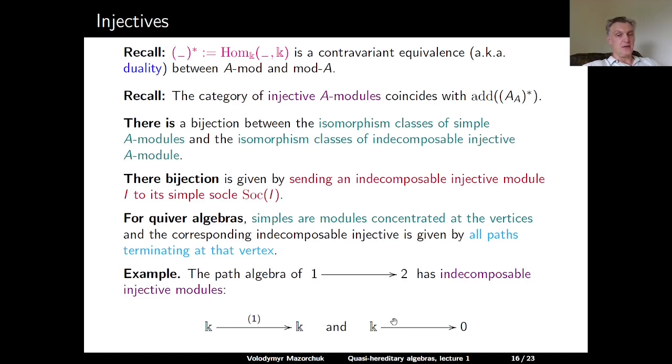For the vertex 1 it is just the simple module for the vertex 1 because the only path which terminates at the vertex 1 is the trivial path at 1. And for the vertex 2, the corresponding injective module coincides with the projective module for the vertex 1.